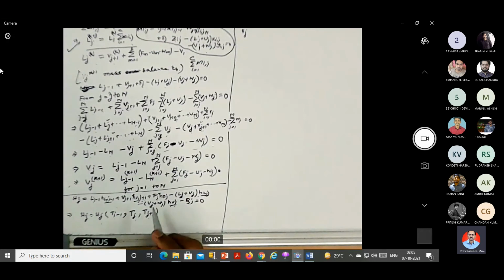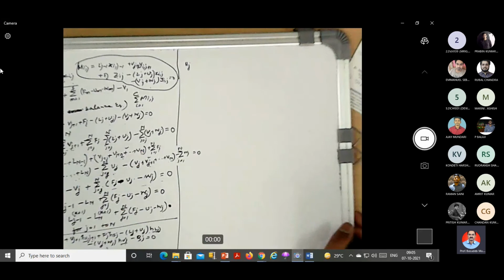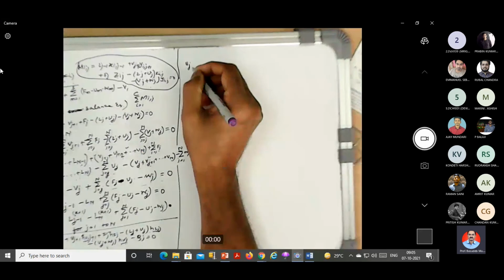So at the kth iteration level we know all the values, meaning we also know the Hj function. Around that previous iteration level Hj, we will expand the function. So when you do that, we can write the function this way.